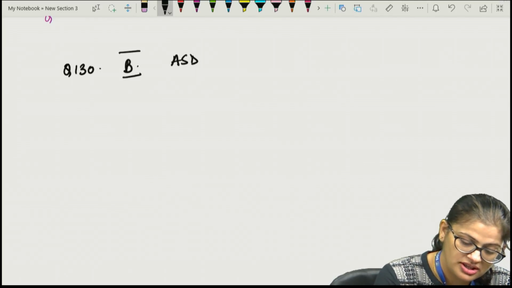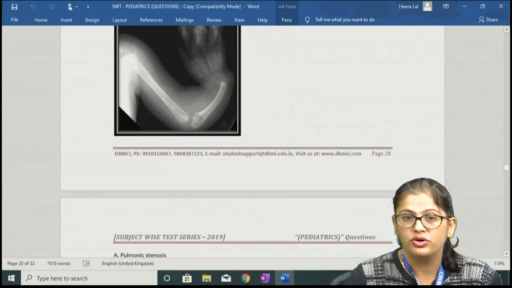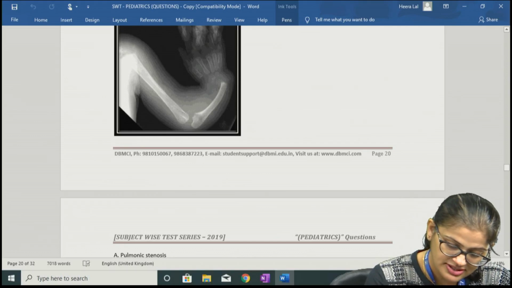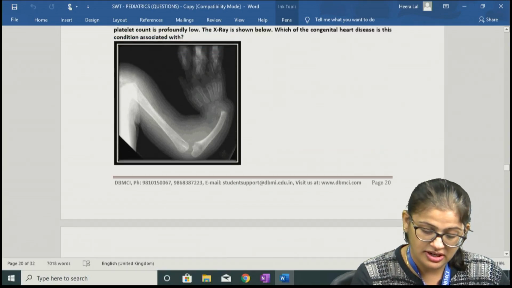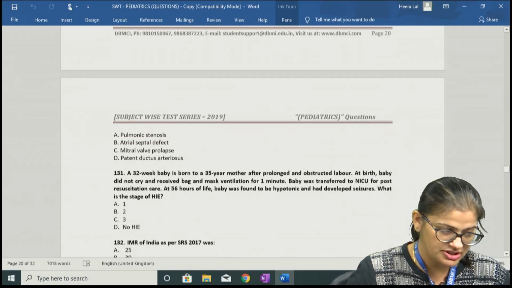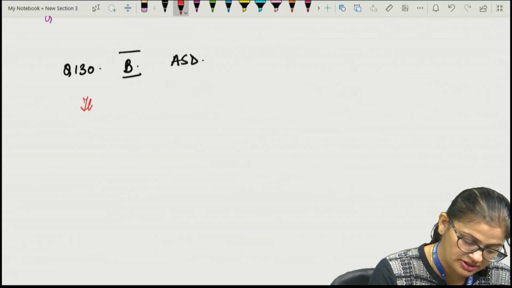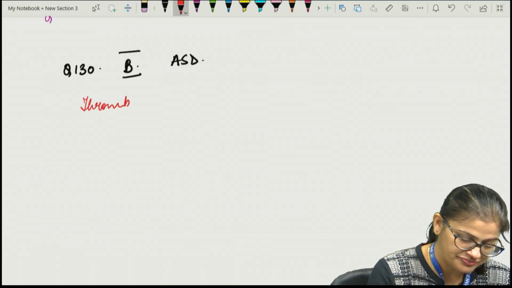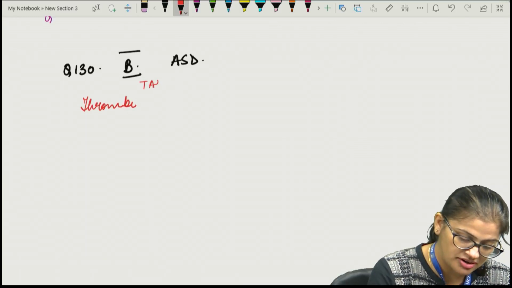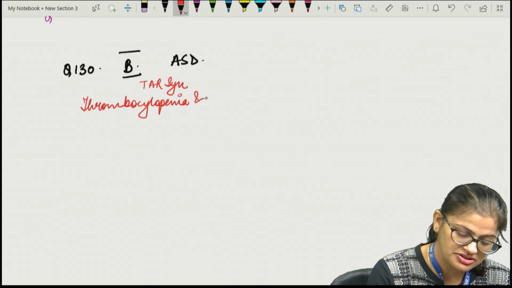So what do you see in this X-ray? You basically see that the proximal bone or the humerus is normal, but there is absence of the radii, and the thumb is also abnormal. So basically the diagnosis of this condition is thrombocytopenia, or basically the TAR syndrome, where there is thrombocytopenia and absent radii syndrome.